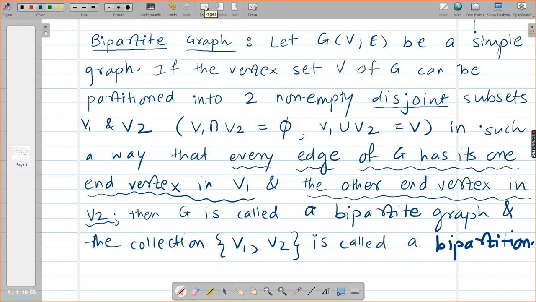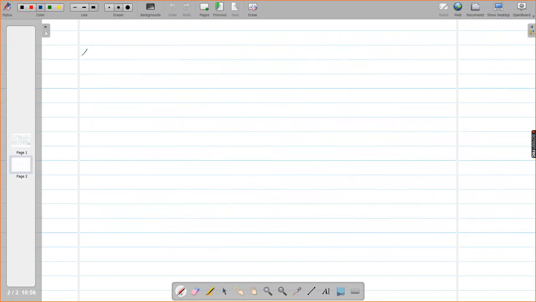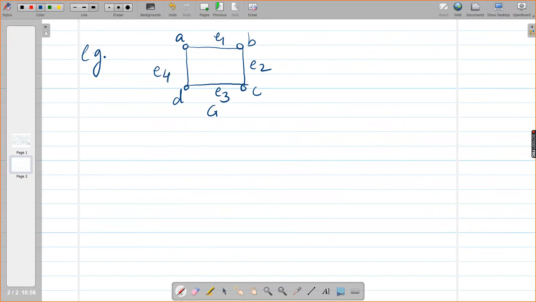Yes, ma'am. See, for example, let us check whether this is a bipartite graph. I am drawing a simple graph on 4 vertices, which is a 2-regular graph also. Let us call it G. This is A, B, C, D, with edges E1, E2, E3, E4.